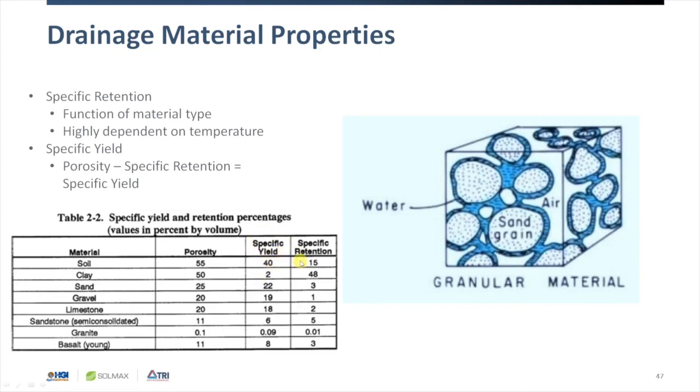To understand that relationship, you send a sample to the lab and test for specific retention. You also test for porosity, and that gives you specific yield, so you know how much water to expect from this layer.